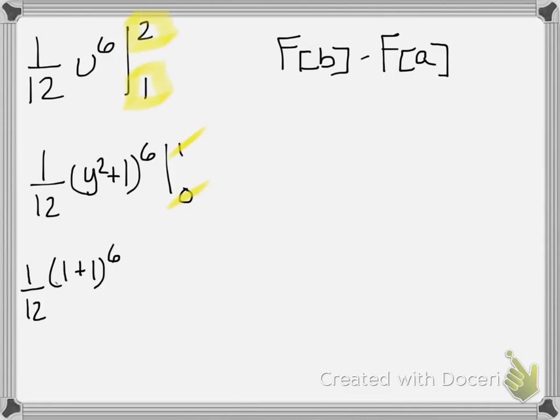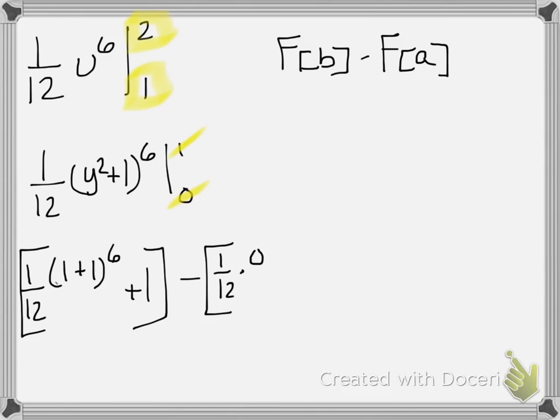Then it would be minus f of a, so 1 over 12 times our a, which was 0, so 0 squared, plus 1. I'm sorry, that extra plus 1 right there was not supposed to be there, because, like I said, the plus 1 is right there. So just pay attention to what you're doing, and always double check as you go along.